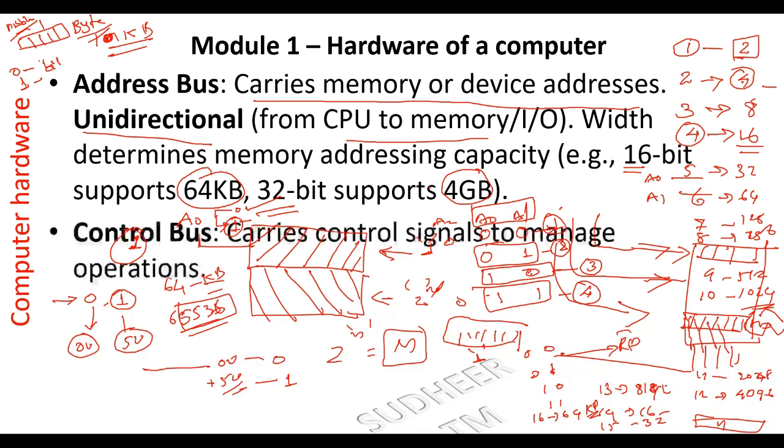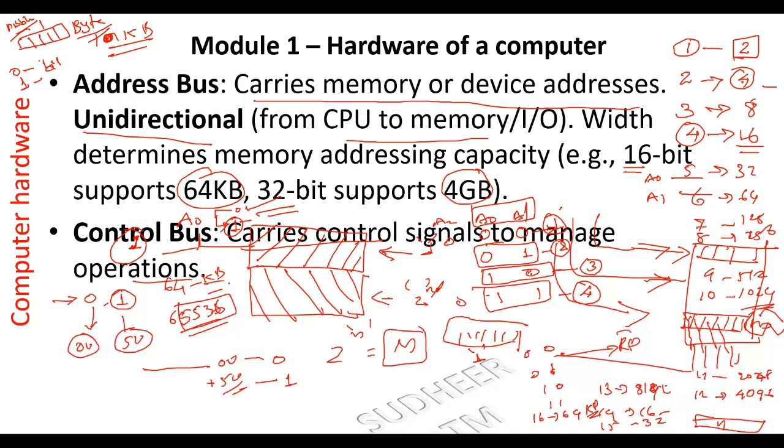So we have seen the address bus, data bus, and control bus. What is the control bus? The control bus carries control signals to manage operations. While explaining the control unit, I told you a microprocessor or CPU manages all operations with the control unit.